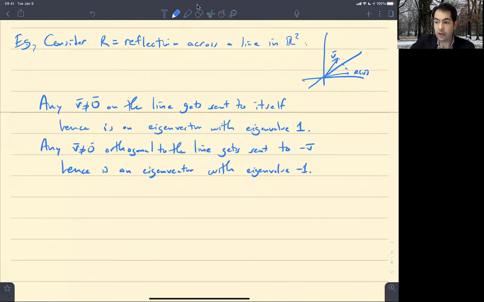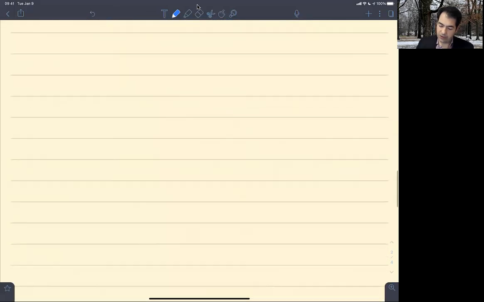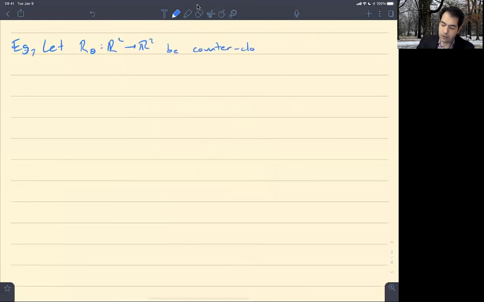Okay, let's do another geometric example. Let R sub theta from R2 to R2 be counterclockwise rotation around the origin by an angle theta.